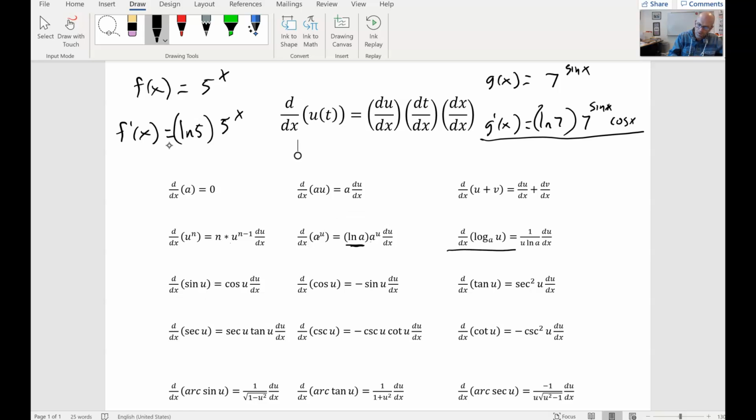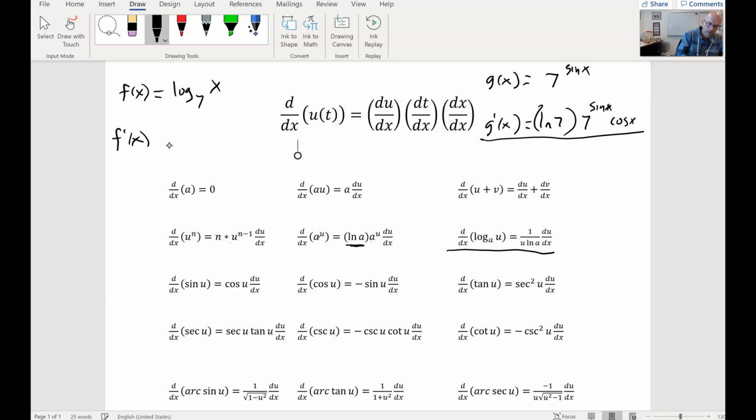And I'm going to do one more, then I'm going to kind of turn you loose on these ideas. So the last one is the log rule. So this says, for example, if f of x is equal to log base 7 of x, and I want to take the derivative of that.